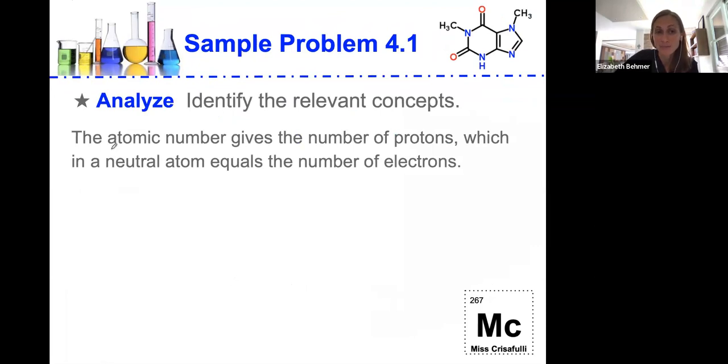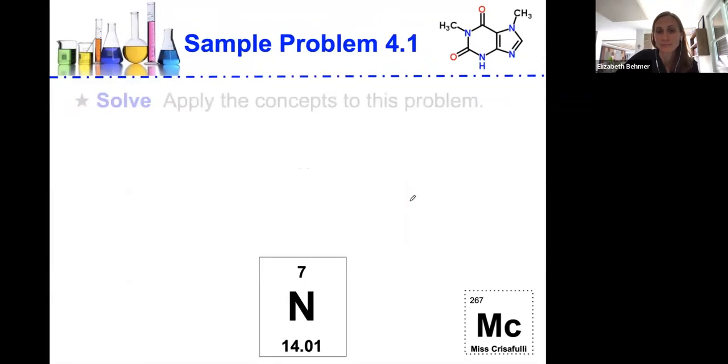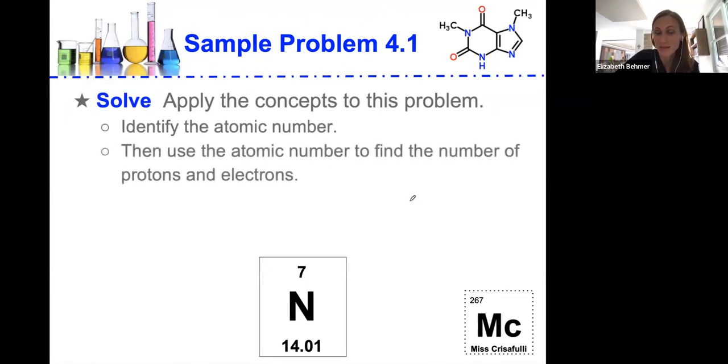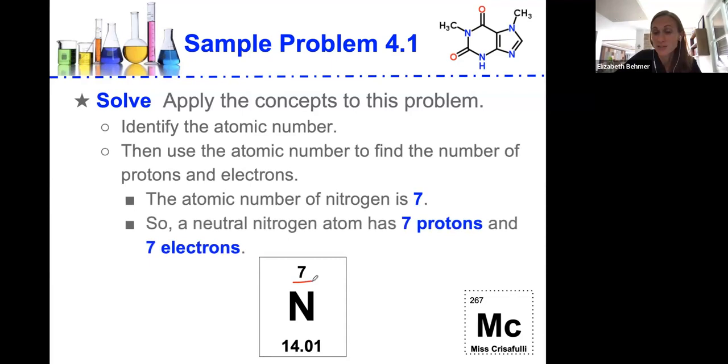The atomic number gives us the number of protons, which in a neutral atom will always equal the number of electrons. So we'll apply the concepts, identifying the atomic number, and then using the atomic number to find the number of protons and electrons. The atomic number of nitrogen is 7. So a neutral nitrogen will have 7 protons and 7 electrons.